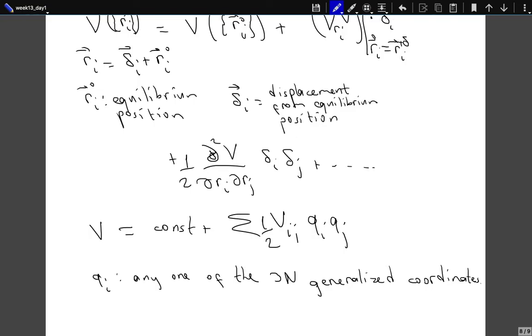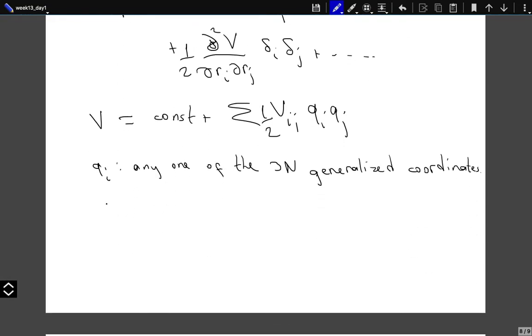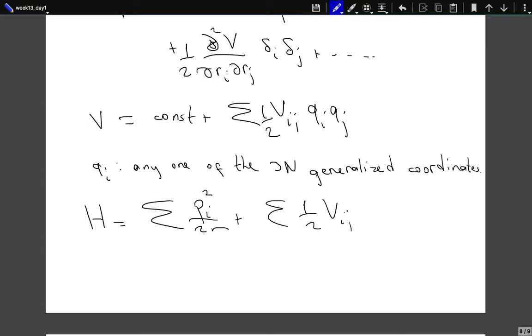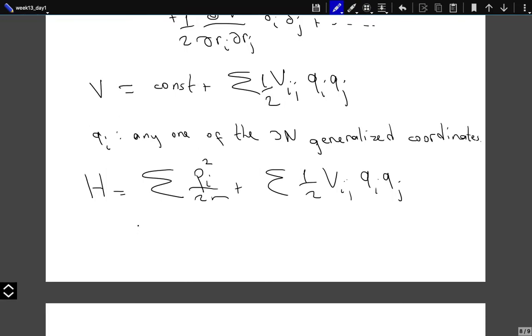Well, the Lagrangian of the system will be just the kinetic energy plus the potential energy up to a constant. A constant doesn't change the equation of motion. But we can actually change this to an expression of this form.